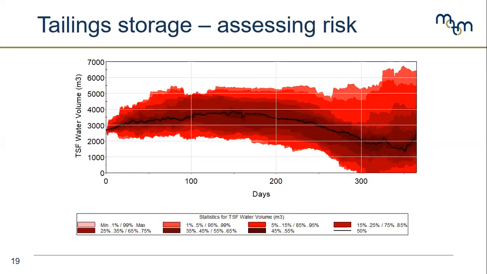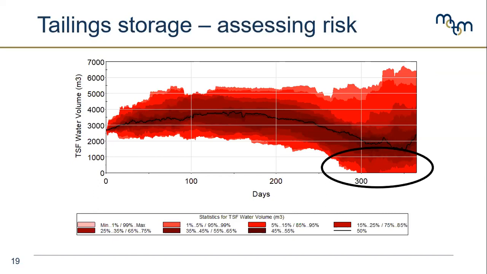So if we assume that we start at the same volume of water at the beginning of the year and we let these different potential rainfall years play out, we similarly get a probability cloud of different outcomes of volume in the tailings. Now we can see that some years end up with almost twice the volume in the dam, and other years end up with no water. Both of these outcomes represent potential risks to the mine site.